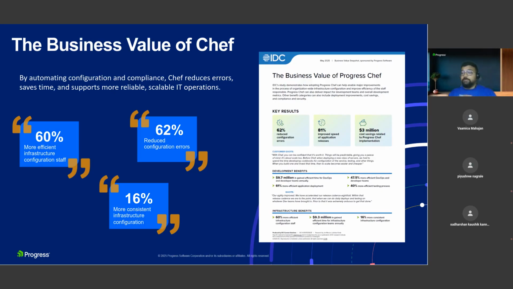Customers have actually increased infrastructure management efficiency by 60%. Another significant number was the customers could reduce their configuration errors by 62% and improve consistency by 16%. Chef, as you know, supports hybrid cloud environments, integrates security and compliance into DevOps pipelines, enabling faster and reliable IT operations.